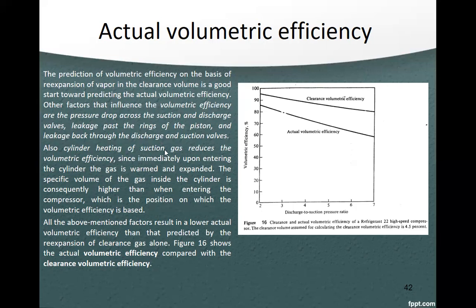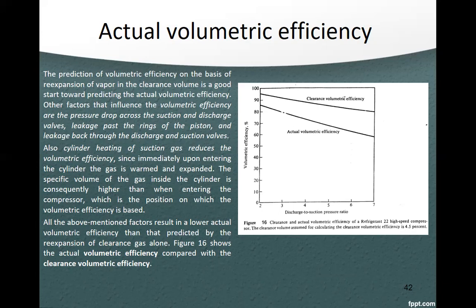Also, cylinder heating of suction gas reduces the volumetric efficiency, since immediately upon entering the cylinder, the gas is warmed and expanded. The specific volume of gas inside the cylinder is consequently higher than when entering the compressor, which is the position on which the volumetric efficiency is based.